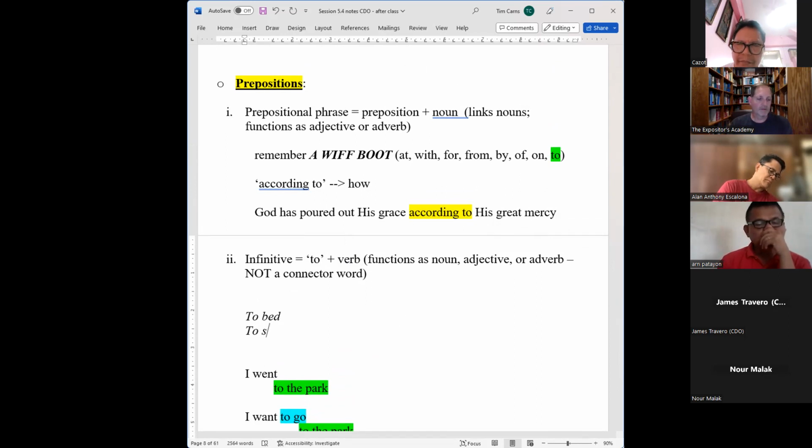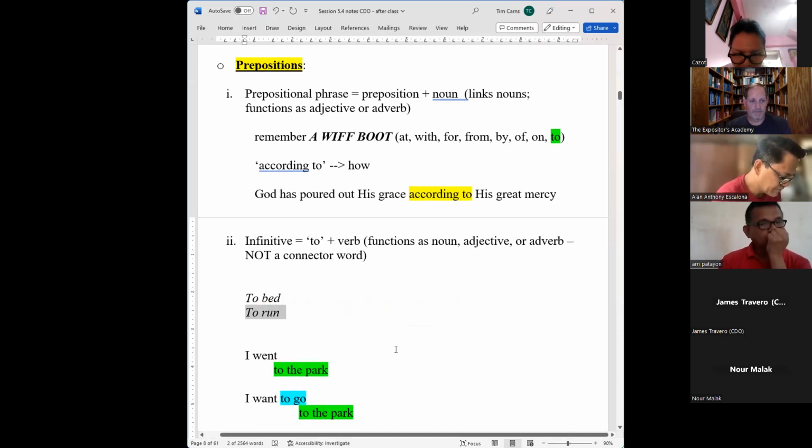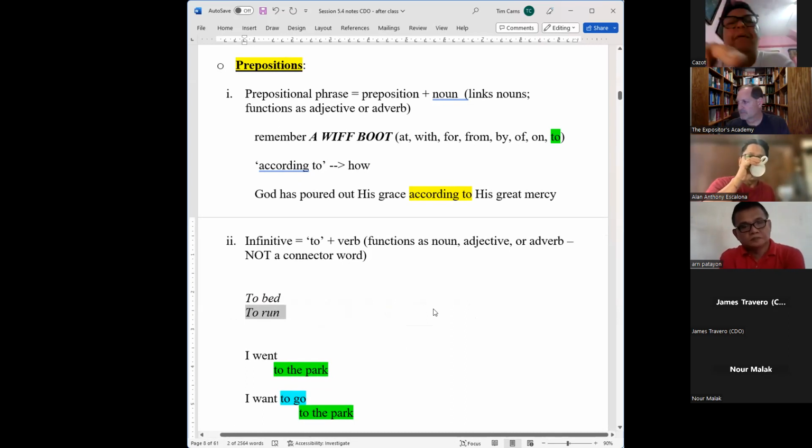To run. Okay, run's a verb. So this would be an infinitive. Okay. Any questions on that? Hopefully that makes sense.